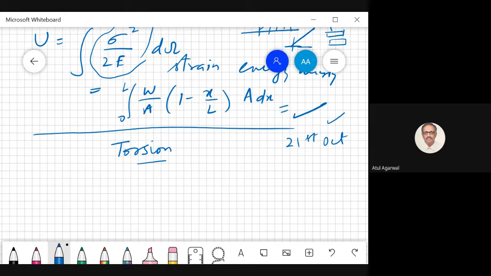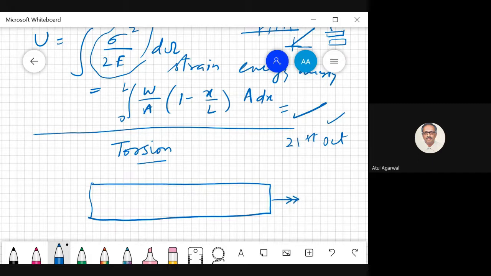Now, what is torsion? Torsion is a different thing as compared to what I did till now, uniaxial load. You assume there is a twisting moment. You twist a chalk, you see what kind of failure it has.